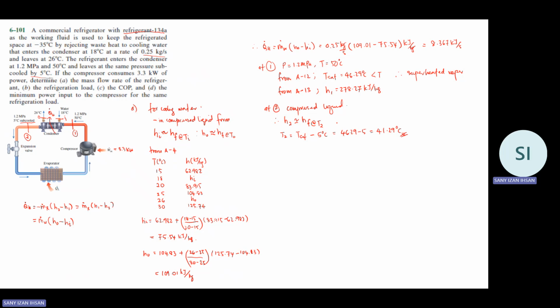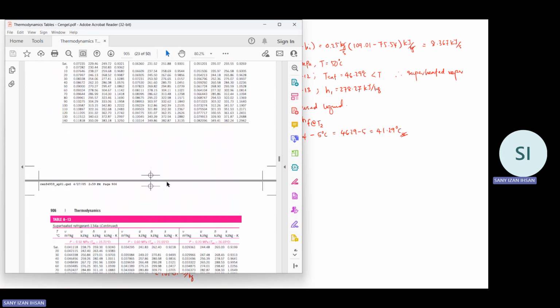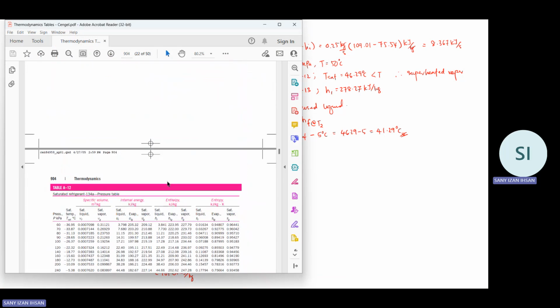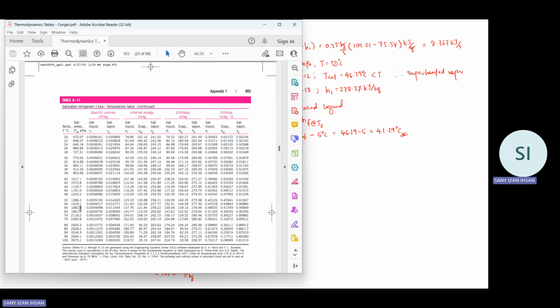So refer to the table. Now you have to go to the saturated table of refrigerant for 41.29. Let's go to the saturated table with temperature, not pressure, not A12 but A11, because we are estimating at temperature.